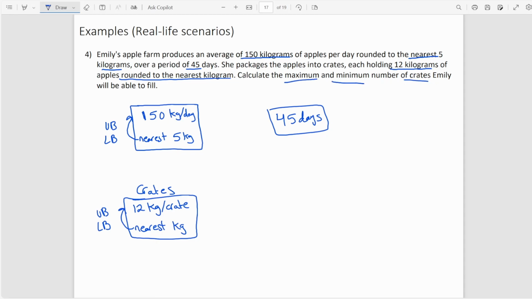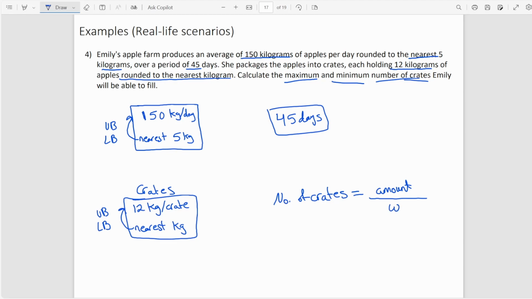Now, to find that out, let's firstly find how I am even going to find the number Emily will be able to fill. In order to find the number of crates, we would have to divide the amount of apples, so we'll call this the amount, by the weight that each crate holds, which is 12.